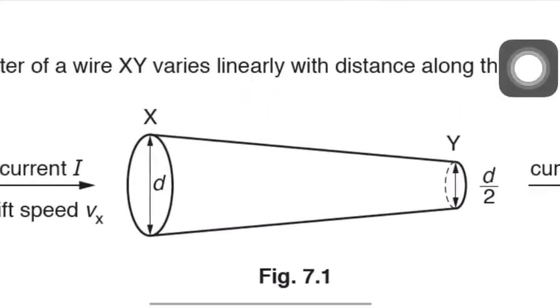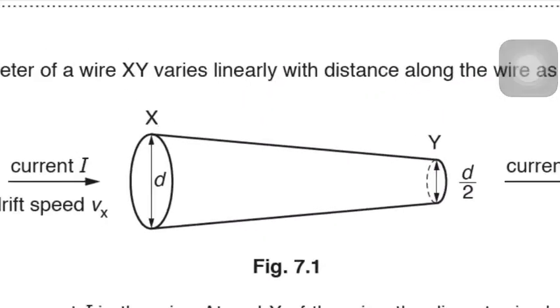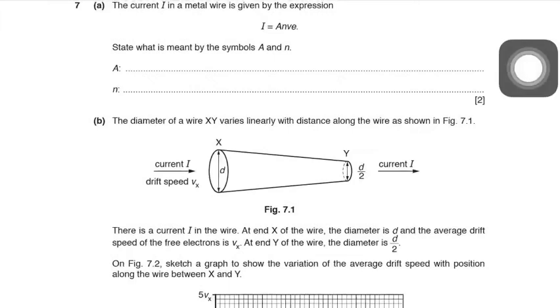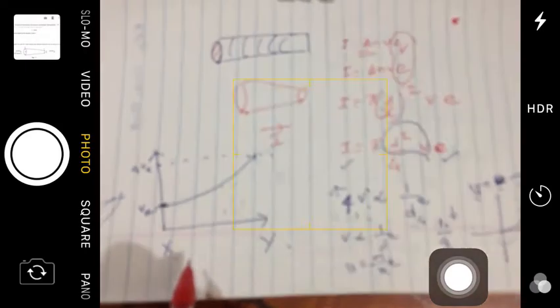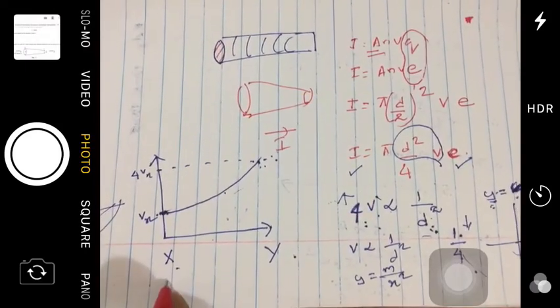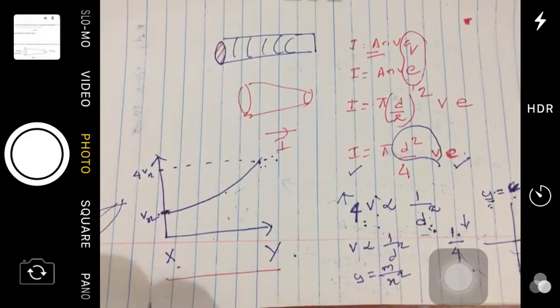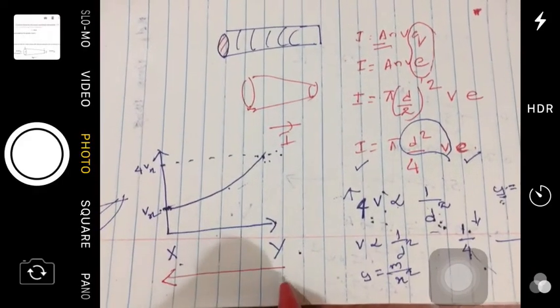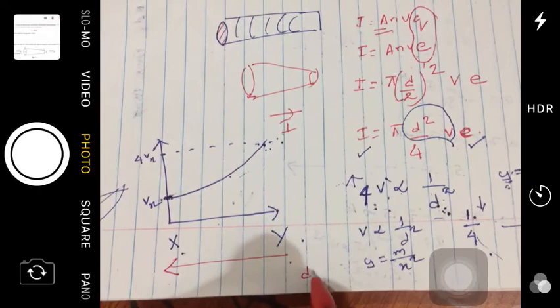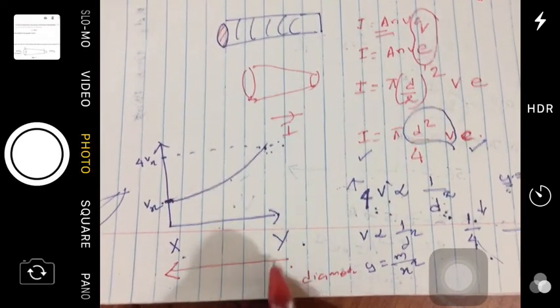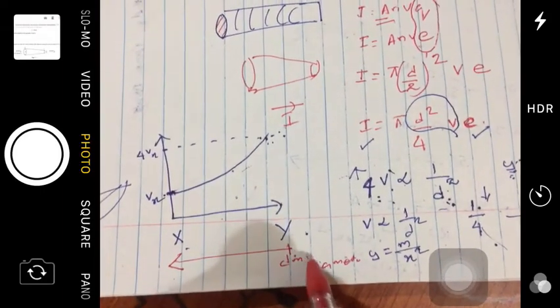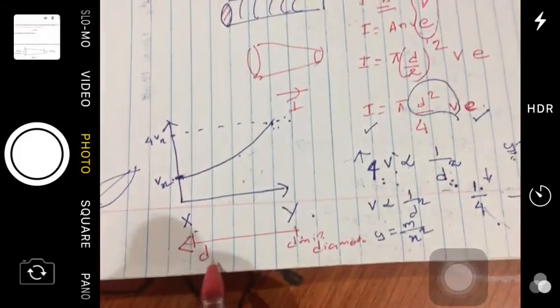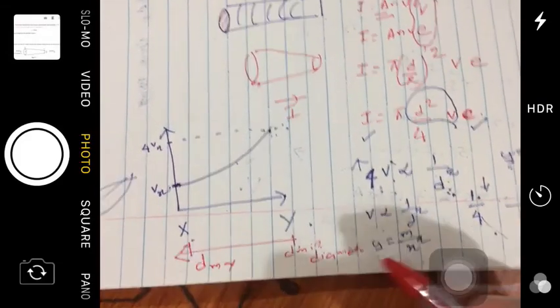In the x to y direction, the diameter is decreasing. So I have kind of twisted the axis. X to y corresponds to the decreasing direction of diameter. The diameter is maximum here and minimum there.